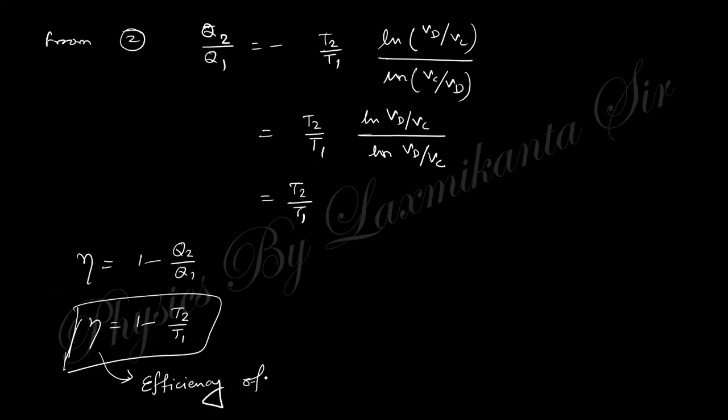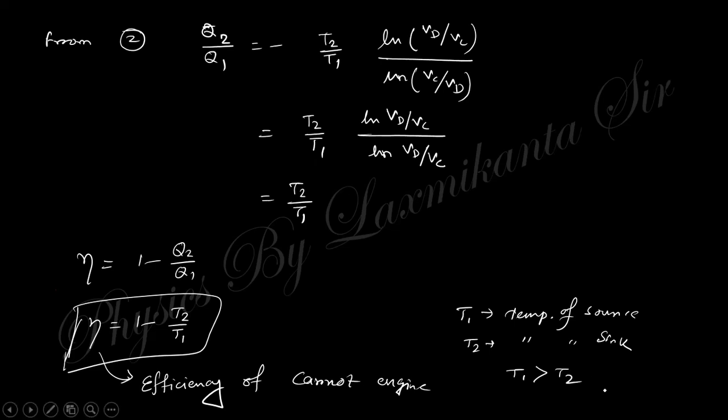T1 is the temperature of the source, and T2 is the temperature of the sink, and the source temperature is greater than the sink. This is the Carnot cycle, and this engine is known as the Carnot engine, where heat is transferred into work.